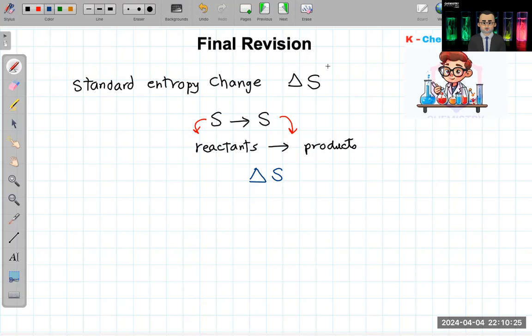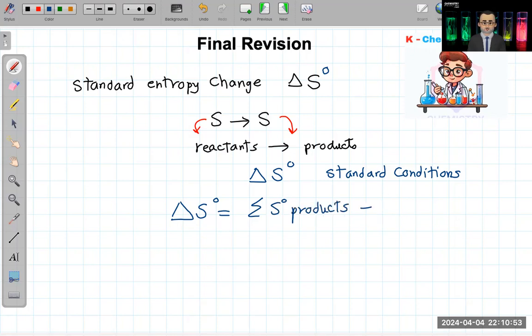And we always know that this is the symbol of standard, which means that I will check this only at standard, fixed conditions, which means that anybody making this reaction will always be following the same standard conditions. If you want to calculate delta S, you need to take the sum of the entropy of the products minus the sum of the entropy of the reactants.